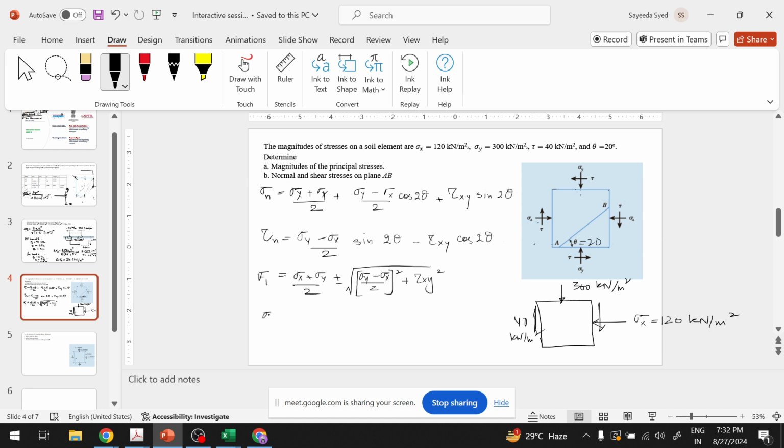And sigma 3, like sigma 1 is positive and sigma 3 is negative.